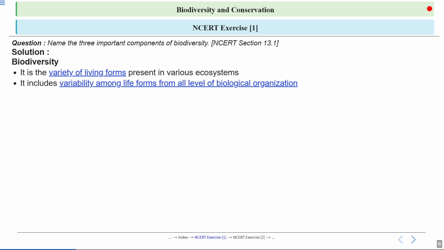Now, biodiversity includes variability among life forms from all levels of biological organization. So there is a lot of diversity and differences present across all levels of biological organization, from individual organisms to entire ecosystems.